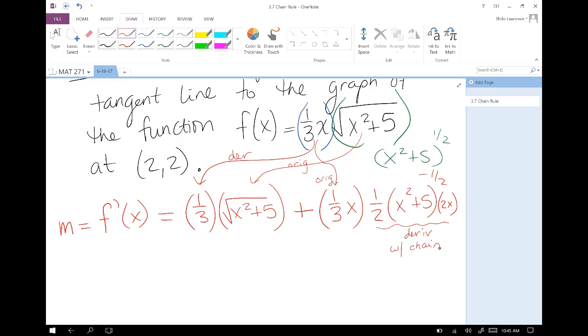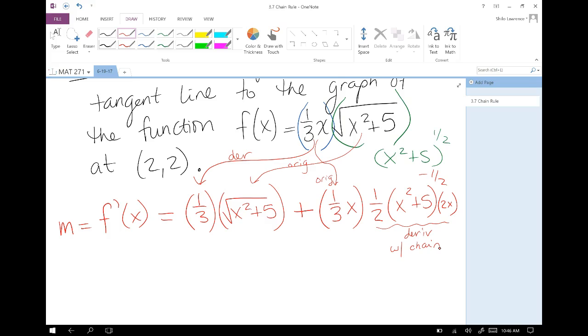Now you don't have to do much to clean this up because we're plugging a number in. It's going to be a whole lot easier to simplify this with a number in there. We only need the slope at x equals 2. So you don't have to waste a whole lot of time and accidentally make an algebra mistake trying to mess around with simplifying with the x's in there.